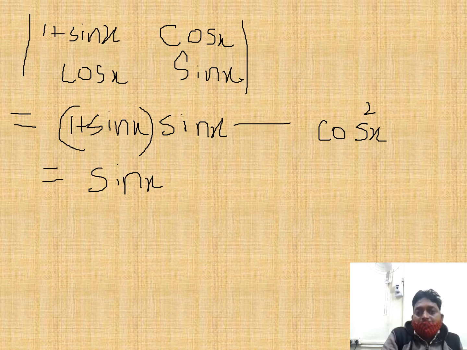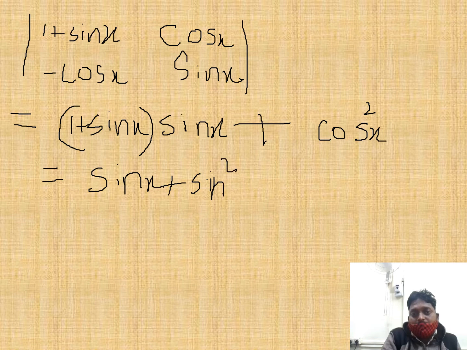If you want to bring the cos here, you can change this one to minus cos, suppose. So now this minus becomes plus cos square. Then 1 into sin x becomes sin x, plus sin into sin becomes sin square x, plus cos square x.